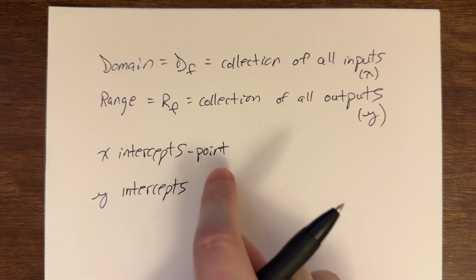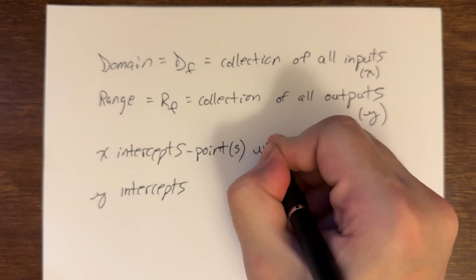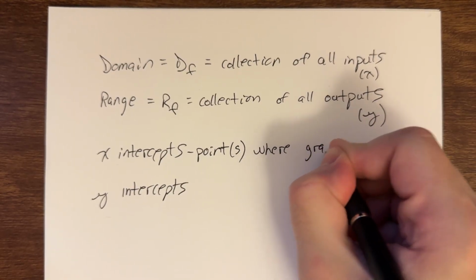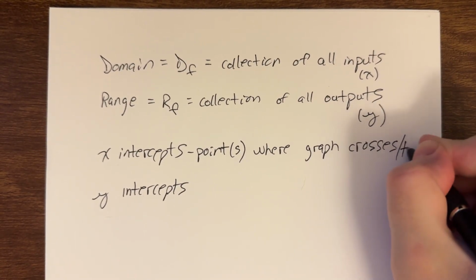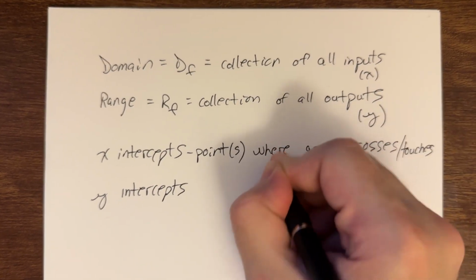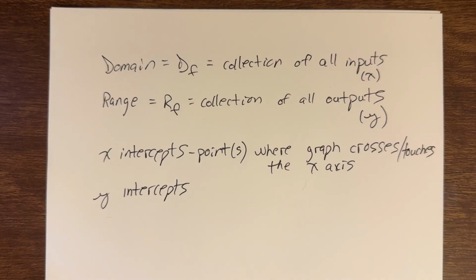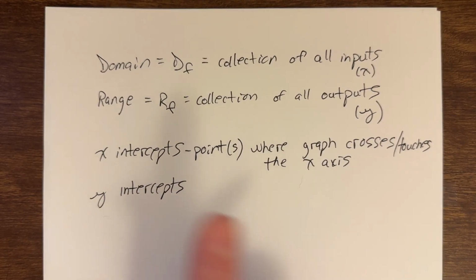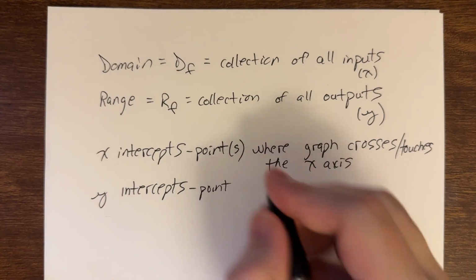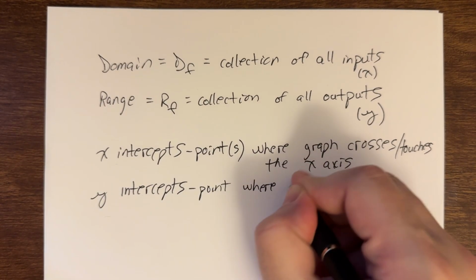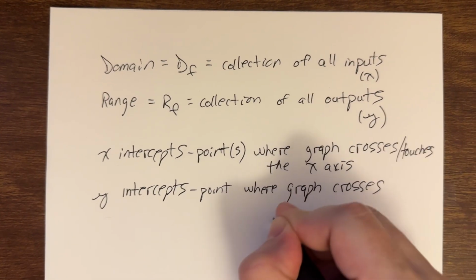Specifically, the x-intercept is the point, or points plural, where the graph crosses or touches the x-axis. And then my y-intercept, very similar. This will only have one, the point where the graph crosses the y-axis.